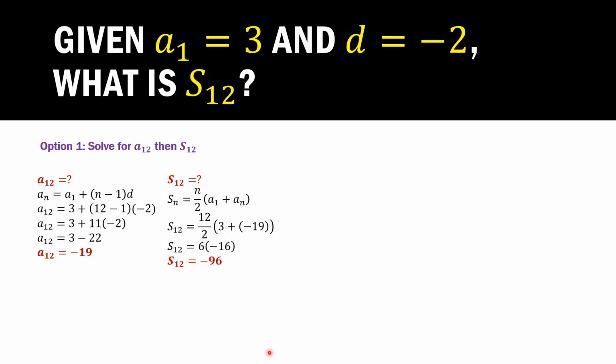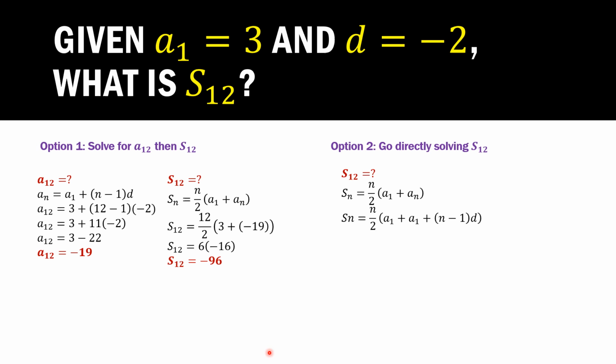Now let's go to the second option on how to solve this kind of problem. We can go directly to solving S sub 12, using S sub n is equal to n over 2 times a sub 1 plus a sub n. Then expanding a sub n as the general term, we can substitute the given: 12 over 2 times 3 plus 12 minus 1 times negative 2.